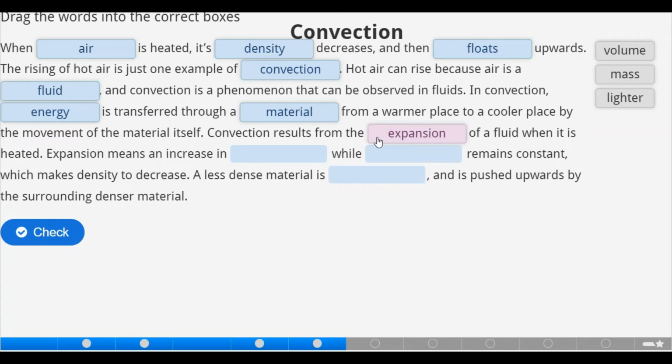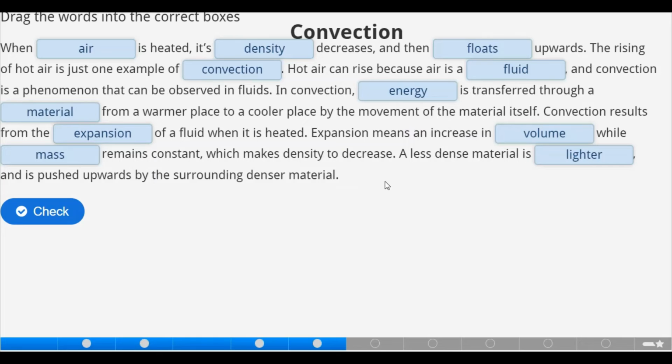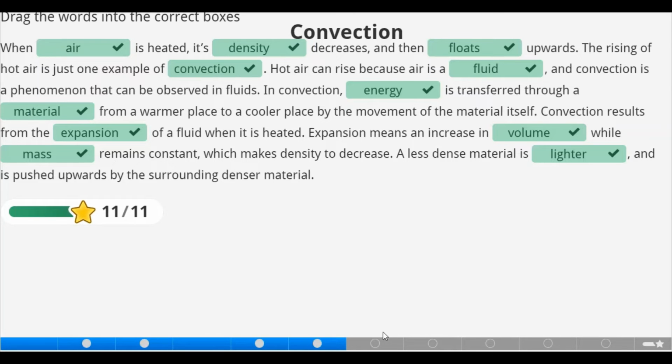Expansion means an increase in volume, while mass remains constant, which makes density decrease. A less dense material is lighter and is pushed upwards by the surrounding denser material. Let's check. That's correct.